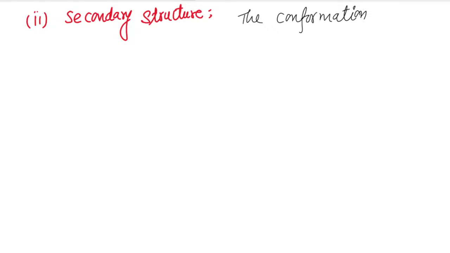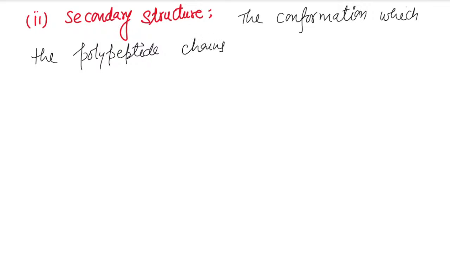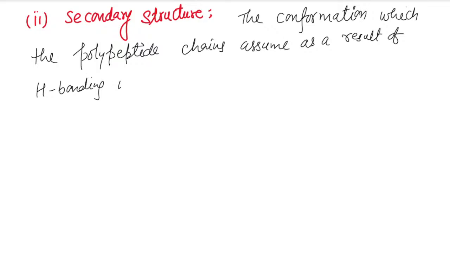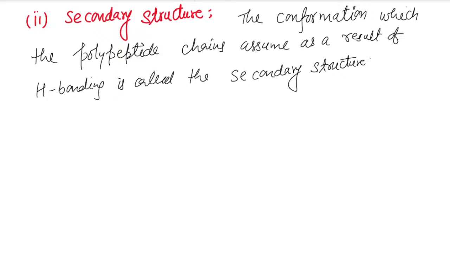The conformation which the polypeptide chain assumes as a result of hydrogen bonding is called the secondary structure. So secondary structure tells us about the conformation.